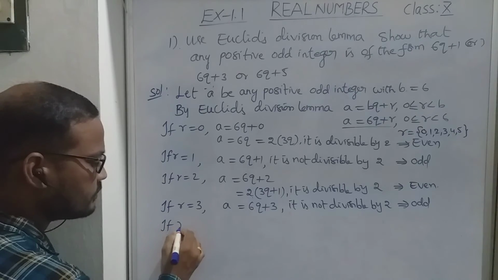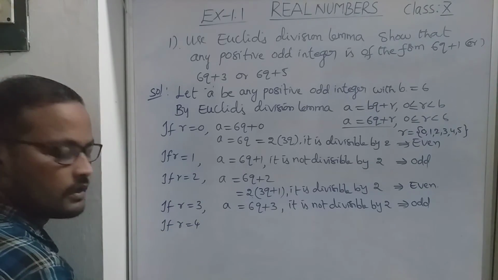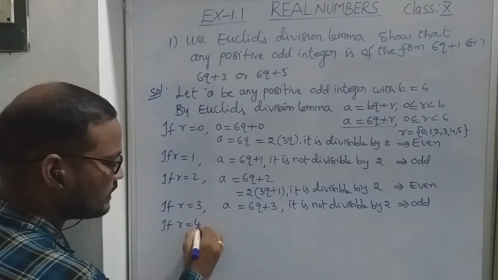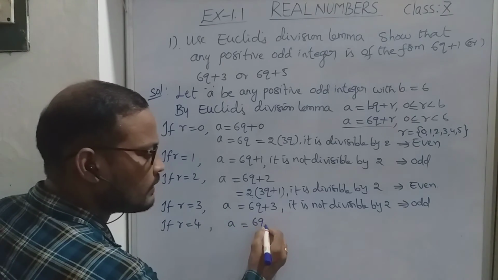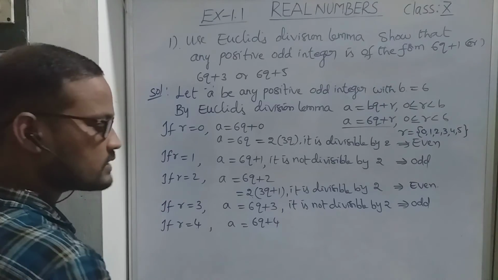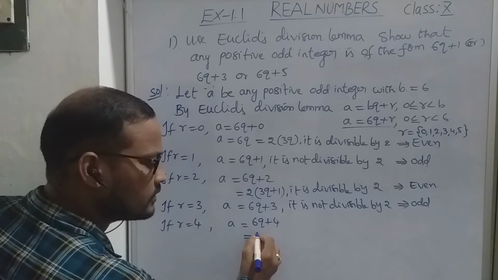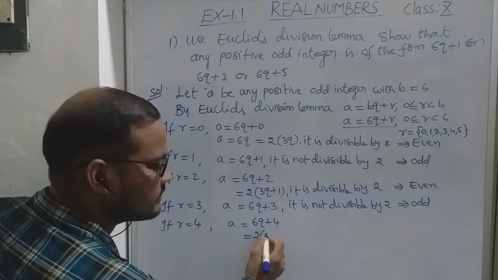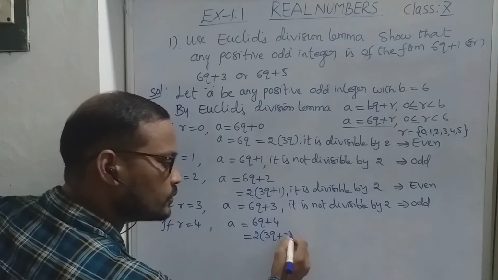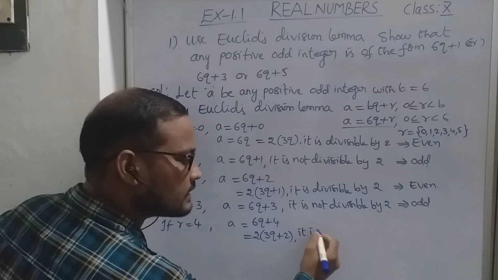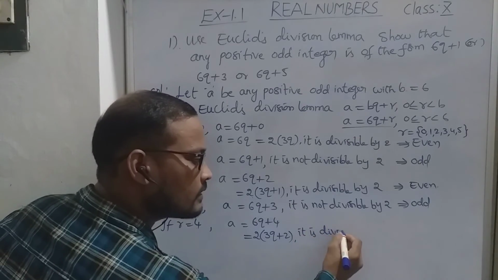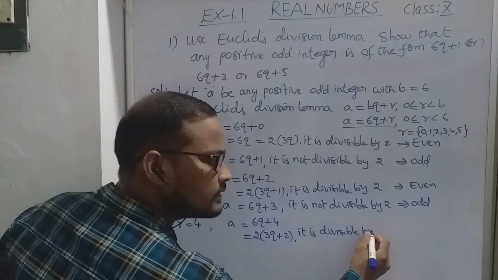Next, you can take r is equal to 4. Now a is equal to 6q plus 4. Taking 2 as common in both terms, a is equal to 2 into 3q plus 2. Here 2 is the common factor, that's why it is divisible by 2.